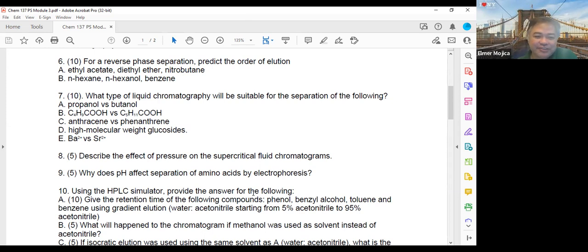Carboxylic acid, the COOH. Or you have this so-called benzene ring, PAH, anthracene versus phenanthrene. And then if you have this high molecular weight glucosides, and if you have ion, sige nga.